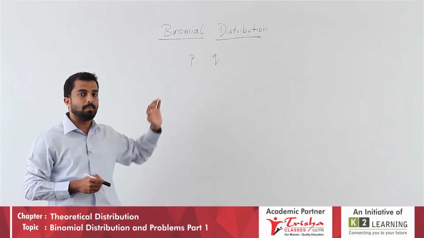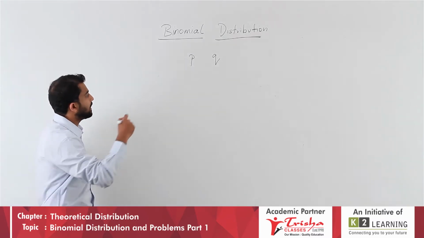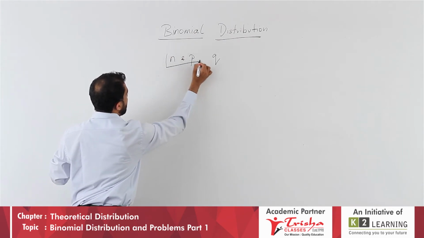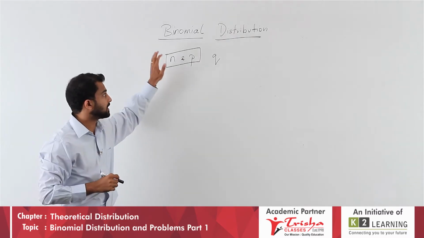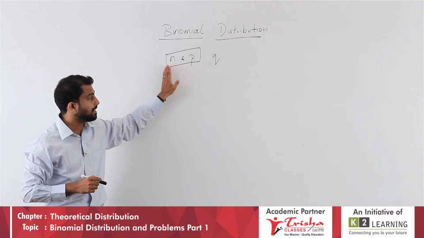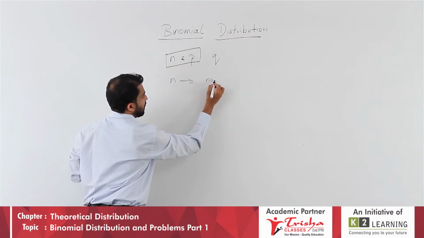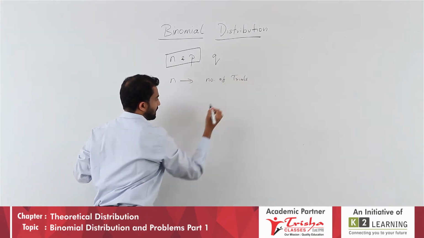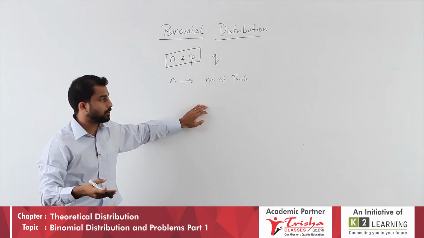That means binomial distribution has two parameters, namely n and p. N is nothing but the number of trials, say a coin. We talk about 10 coins, so n will be 10.